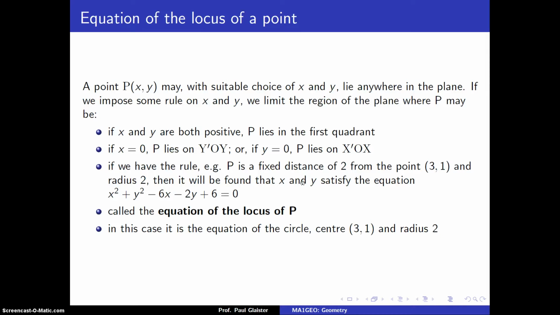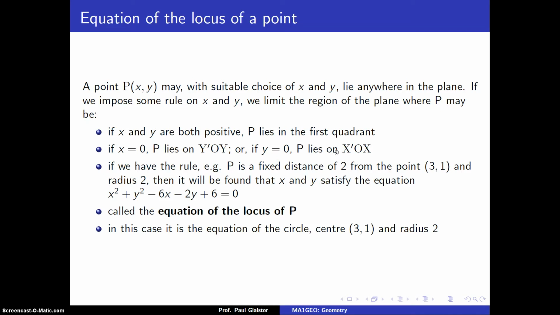So for example, if we prescribe that P has to satisfy the case where x and y are both positive, of course P lies in the upper right hand quadrant. If on the other hand x is equal to 0, then that's clearly the y-axis, or if y is equal to 0, that's the x-axis.